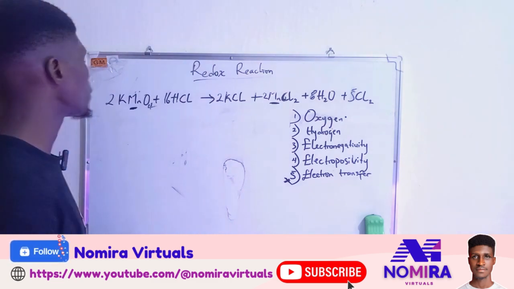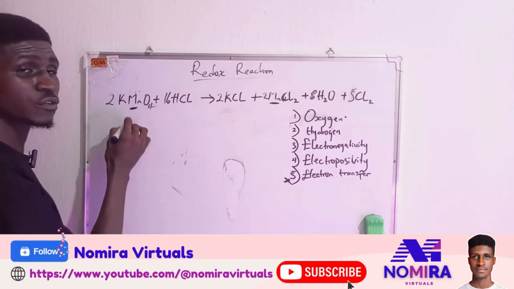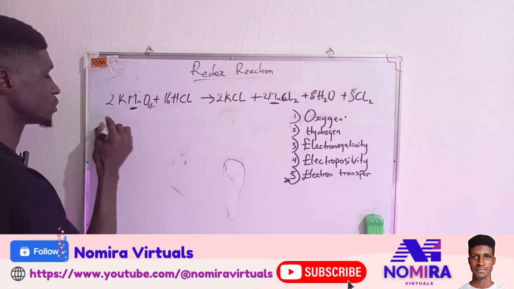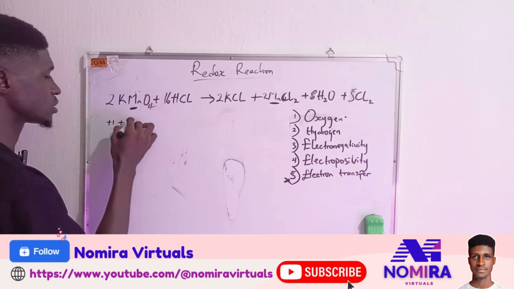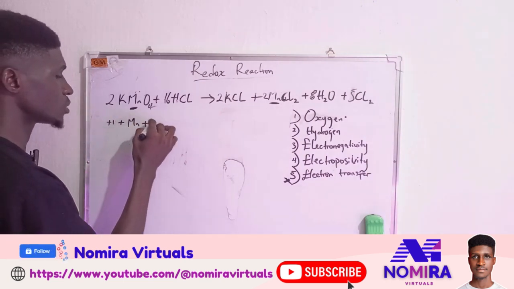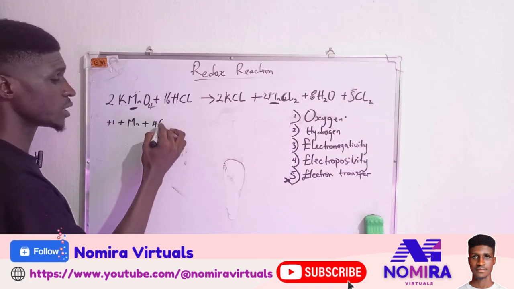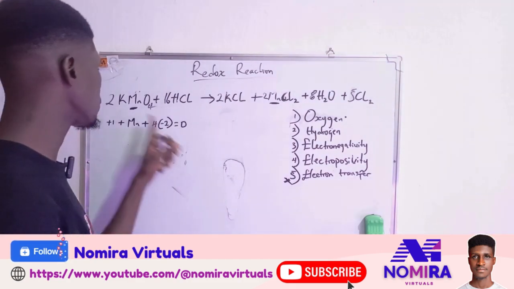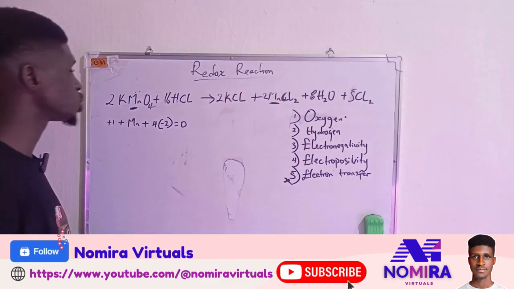Now we are going to see the oxidation state of manganese in potassium tetraoxomanganate(VII). So potassium here is +1, plus manganese as unknown, plus 4 times the oxidation state of oxygen in this compound, which is -2, equal to 0. We are going to use equal to 0 because this is a neutral compound, in which case there is no charge.